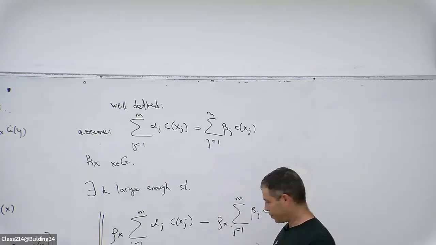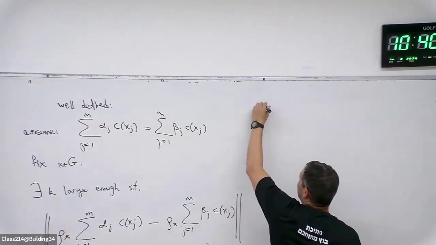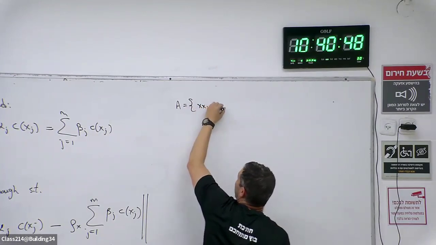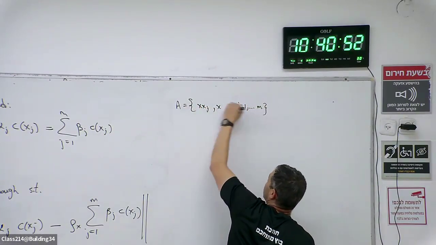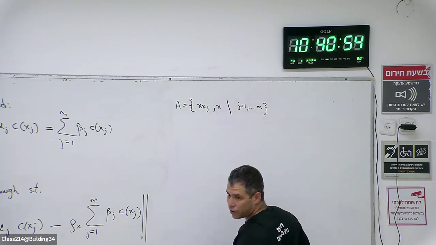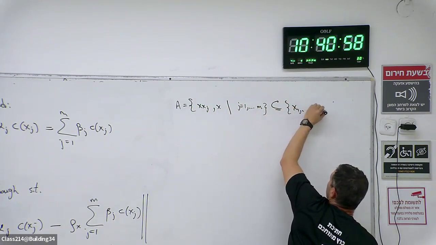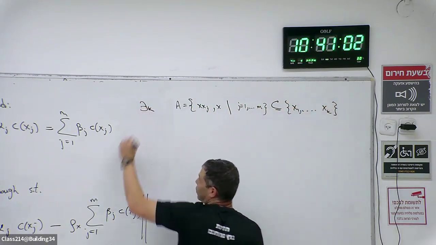So we can look at the set A, which is x xj, x for j goes from 1 to m. This is a finite set, right? And this is contained in some x1 up to xk for some k. So there exists a k, right?